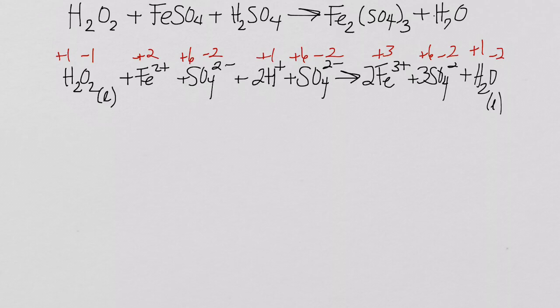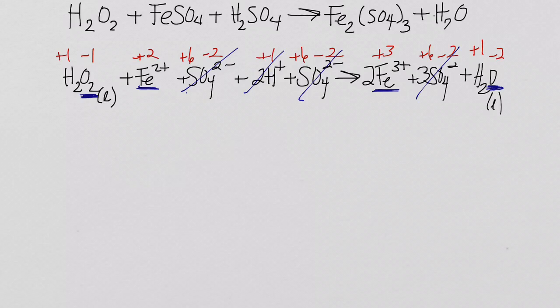Okay, so now we can look and see which elements are changing. We've got oxygen going from a -1 to a -2. I'm not going to focus on it in the sulfate because iron is the only other thing that changes. And so by being able to cross out all the sulfates and this hydrogen right here, it makes this problem a little cleaner.